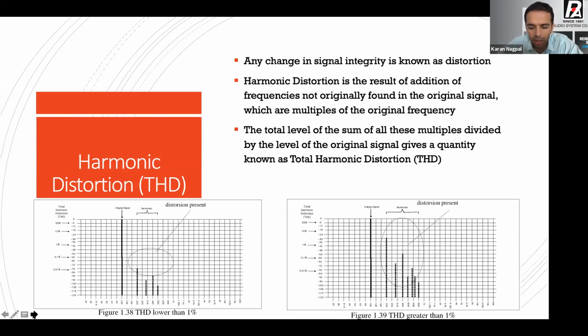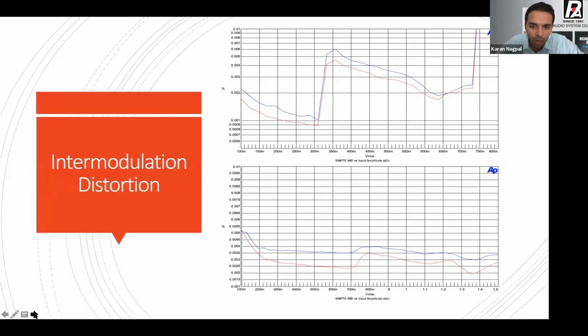This is something greater than 1%. If the amplifier's design is not good, you're going to get levels greater than 1%.